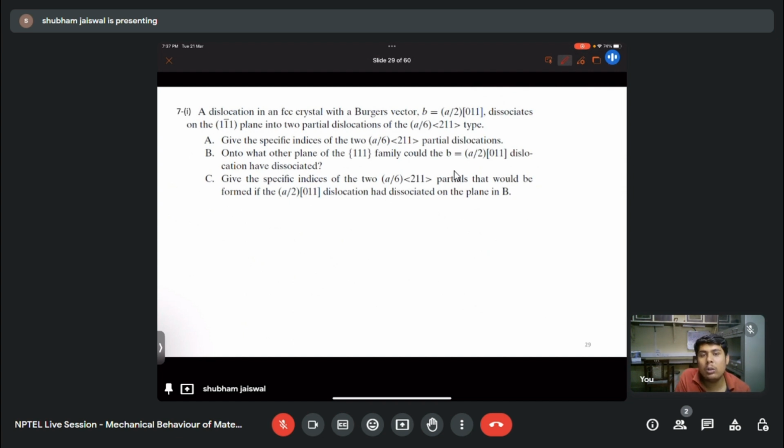They are asking us to give the specific indices of the two a by 6 <2 1 1> partial dislocations. The second part is: onto what other plane of the {111} family could the b equal to a by 2 [0 1 1] dislocation have dissociated? And the third part is: give the specific indices of the two a by 6 <2 1 1> type partials that would be formed if the a by 2 [0 1 1] dislocation had dissociated on the plane in part b.